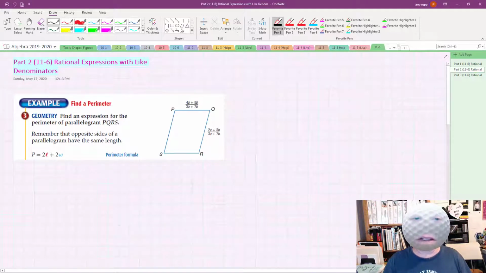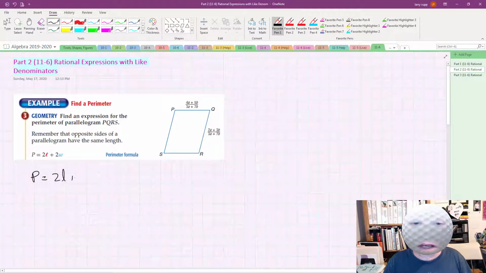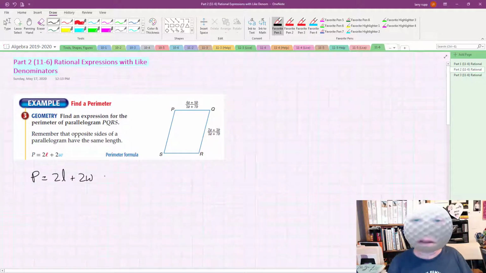So for the perimeter, P, we're looking at 2 times the length plus 2 times the width, just as if it's a regular rectangle. Does it matter which one is the L and which one's the W? No, it does not. So let's just pick it.